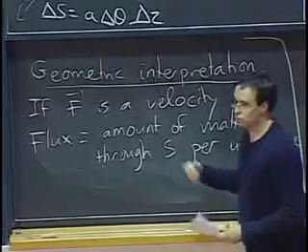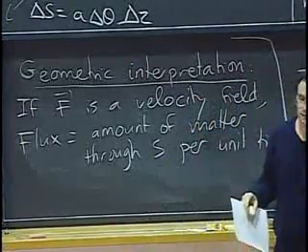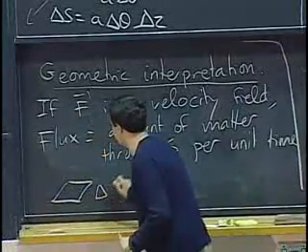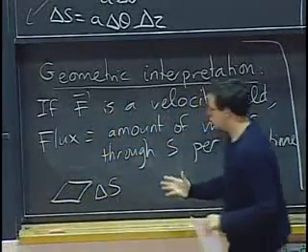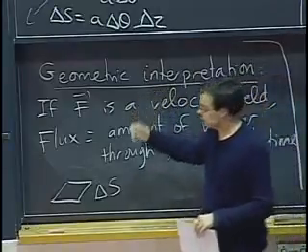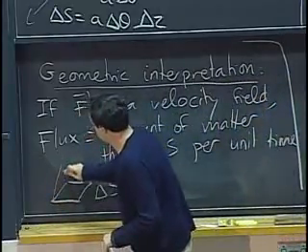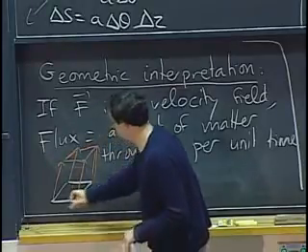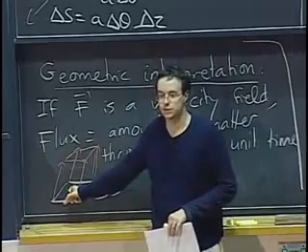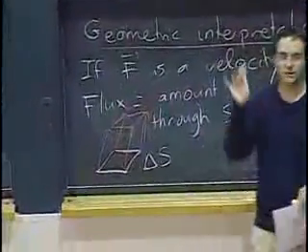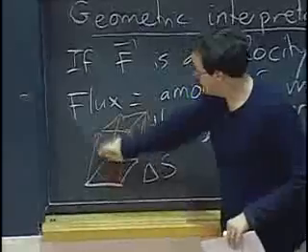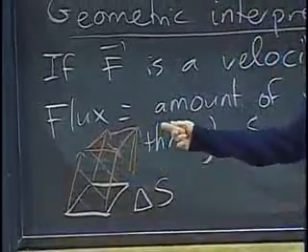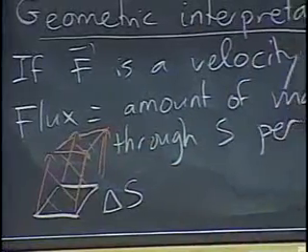The way you would prove it would be similar to the picture that I drew when we did it in the plane. Namely, you would consider a small element of the surface, delta S, and you would try to figure out what's the stuff that flows through it in a second. Well, it's the stuff that lives in a small box whose base is that piece of surface, and whose other side is given by the vector field. Then the volume of that is given by base times height, and the height is F dot n. So it's the same argument as what we saw in the plane.